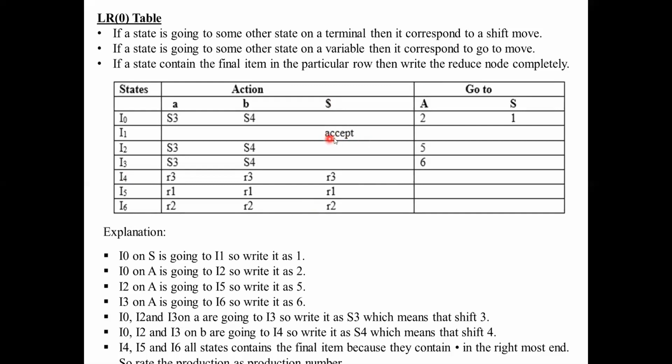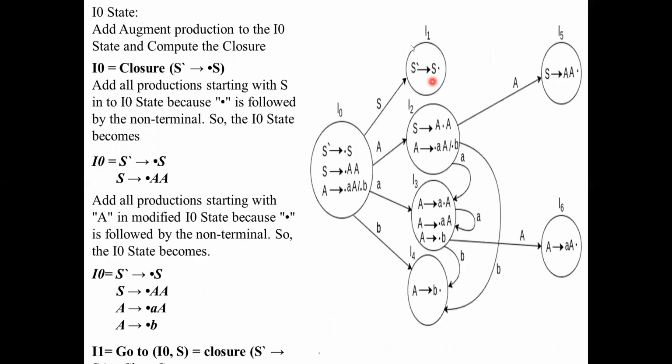In I1, we get S dot. If the dot occurs at the last part, we go through all the productions, so this is the accepted state. We write it down here.